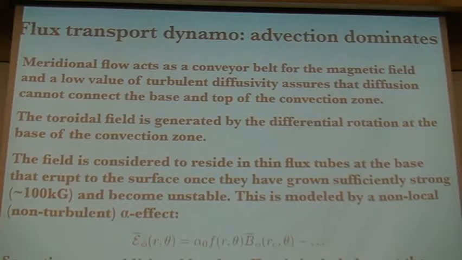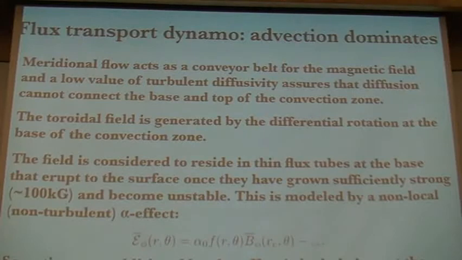There are estimates that the field strength should be of the order of 100 kilogauss for these fields to become unstable. And when they become unstable and get into the convection zone, they are essentially immediately transported to the surface of the star by magnetic buoyancy.